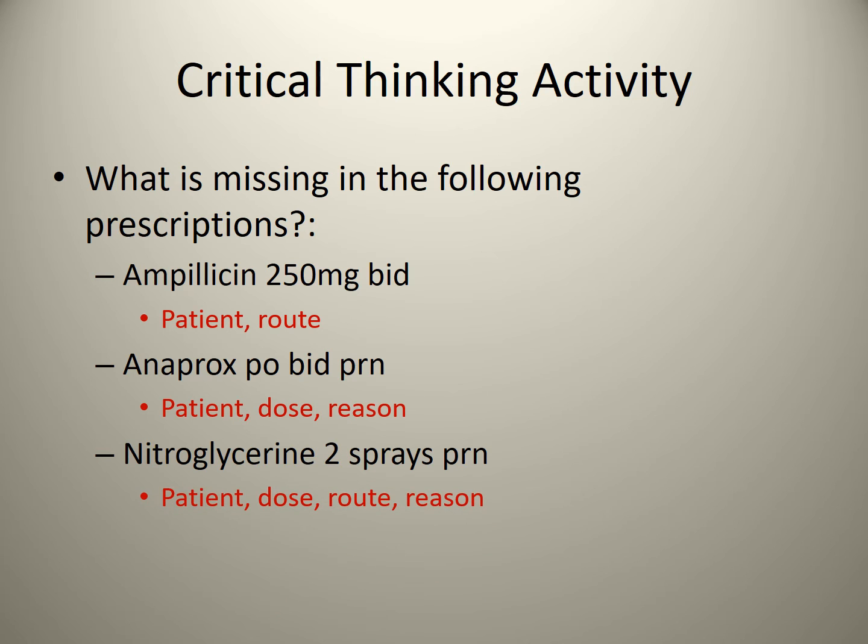No patient, no dose, no route, no reason. So if we were faced with incomplete prescriptions, we'd have to seek clarification. In your case, you'd get a nurse to call and take a verbal clarifying order from the physician, and then you'd go from there with a corrected medication sheet.